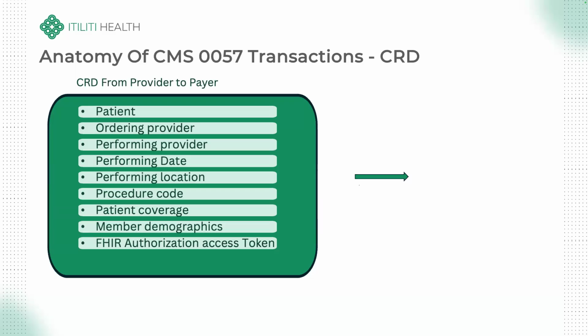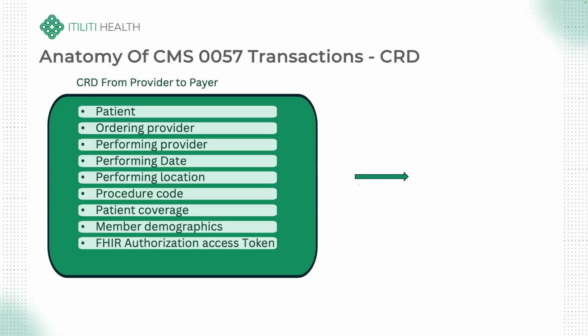Certainly. And if this list of data elements looks familiar, it's probably because today your payer systems are asking for it up front in a prior authorization request form. We need to know the patient. We need to know who is ordering a given procedure. We need to know where that procedure is going to be performed, who the performing provider is, the performing date, and performing location.